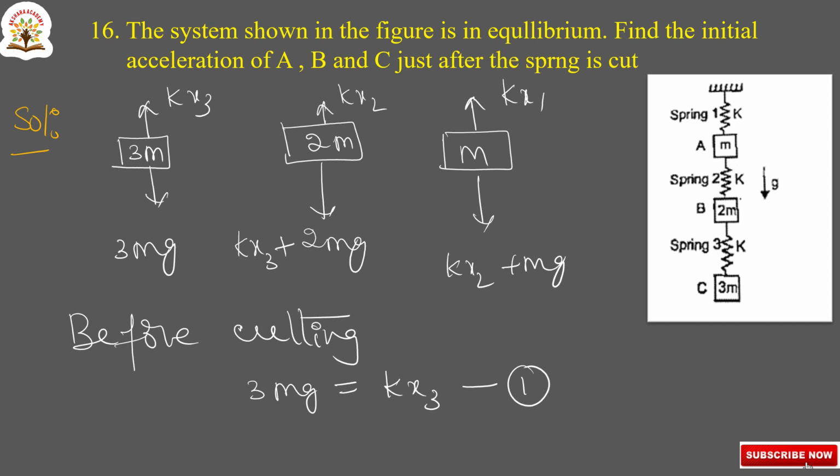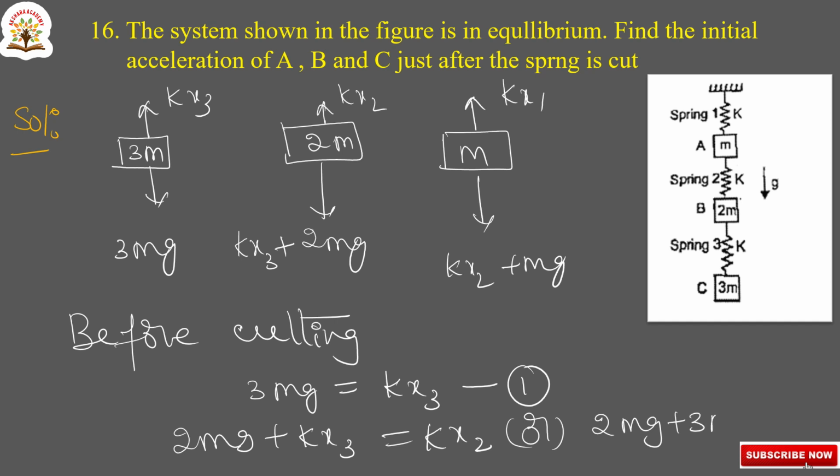And from the second equation, 2mg plus kx3 is equal to kx2, or we can write 2mg plus 3mg is equal to kx2. So kx2 is equal to 5mg.